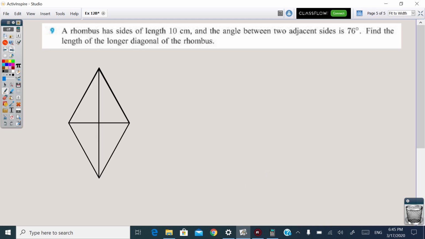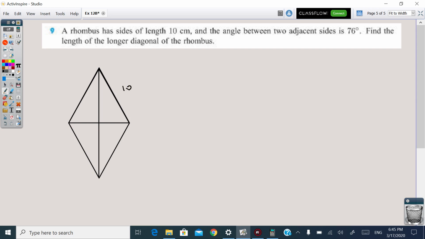And finally, we have to remind ourselves of the properties of quadrilaterals. Here we have a rhombus, and the rhombus is a quadrilateral with 4 equal sides. It's a parallelogram. It might be a square. The square is a special case of a rhombus, but it might not be. So we work with the general case.